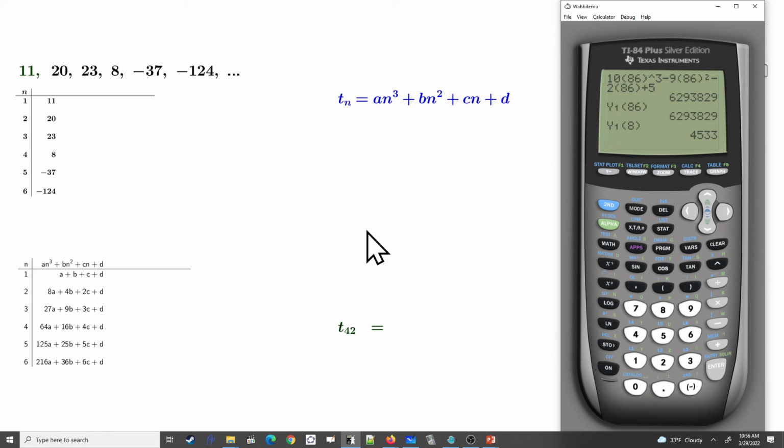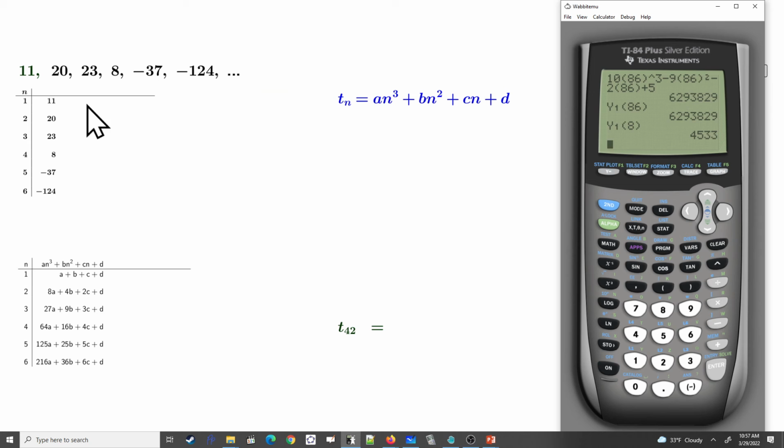We'll just do one more quickly, and I'll just go through the process one more time. You got the numbers 11, 20, 23, 8, negative 37, and negative 124.